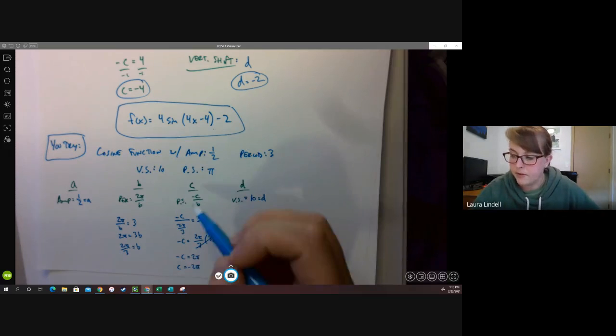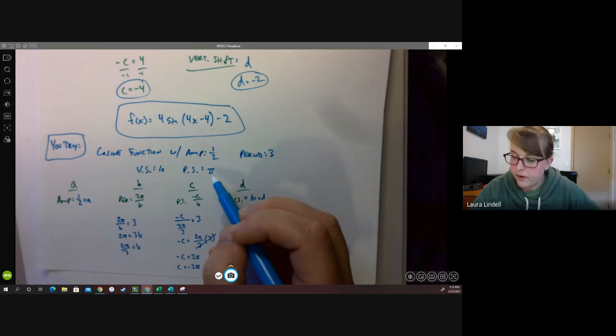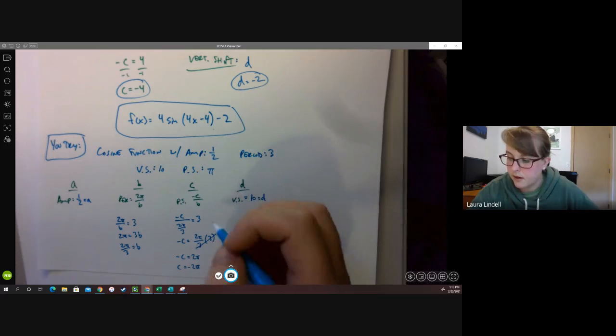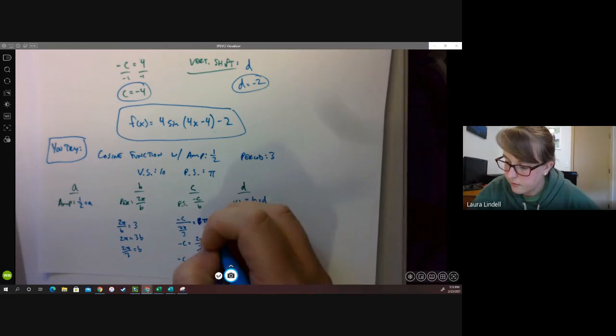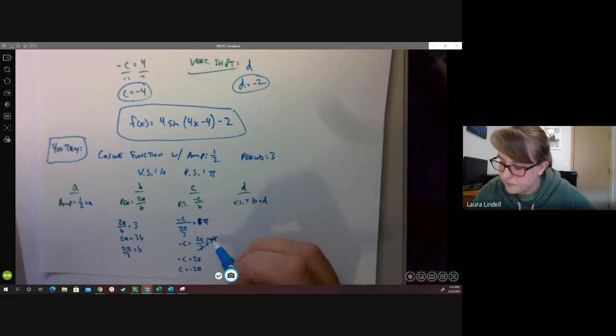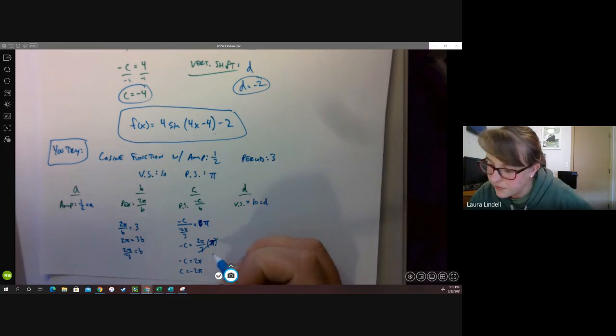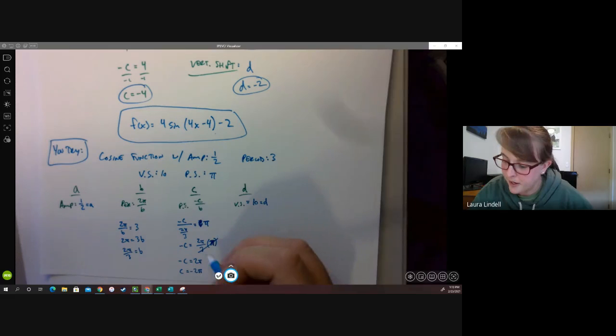But phase shift is negative c over b. We know our phase shift is, sorry, did that wrong. Phase shift is pi. So you get, wow, this is an ugly one. 2 pi times pi over 3.